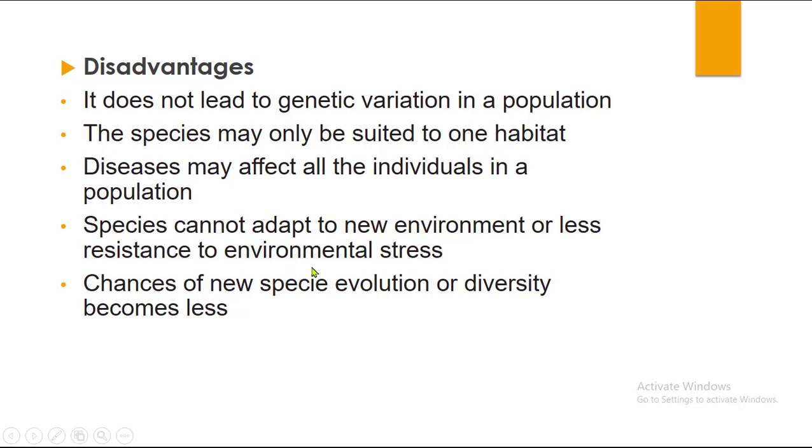Species cannot adapt to a new environment or are less resistant to environmental stress because there is no genetic variation. Chances of new species or diversity become less because there isn't any genetic variation, so this is another disadvantage.